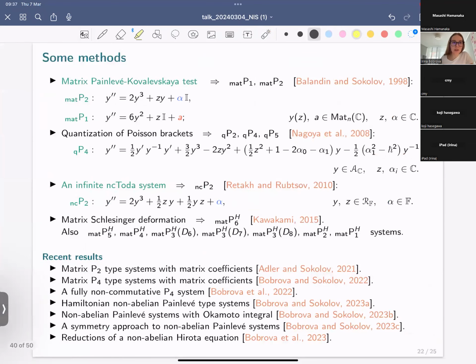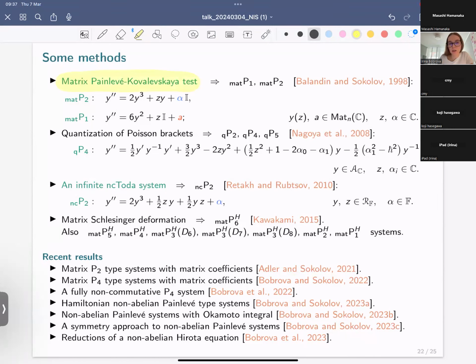So let us look at methods that people have used in their papers. The first method is about the matrix Painlevé-Kovalevskaya test.